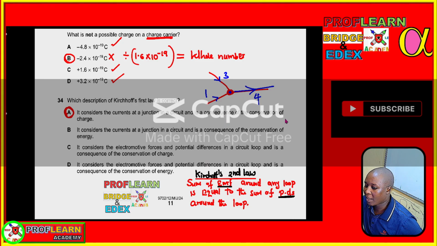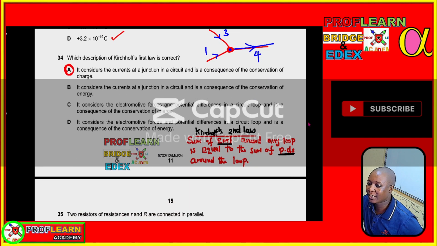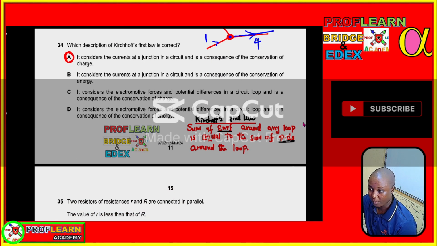But when we are talking about Kirchhoff's second law, that is the law of conservation of energy. The sum of EMFs around any loop is equal to the sum of PDs around that loop.